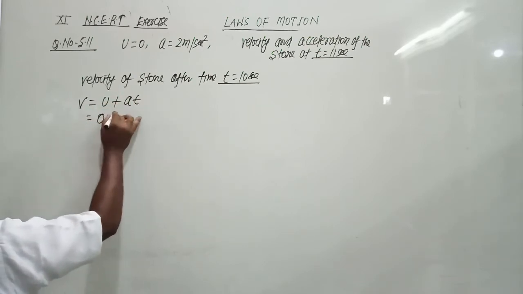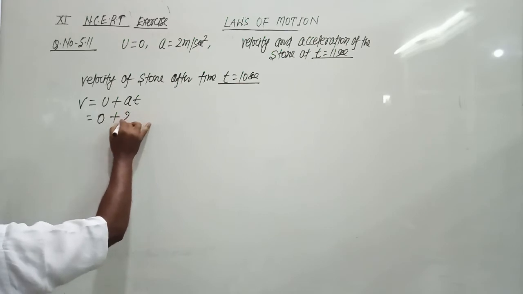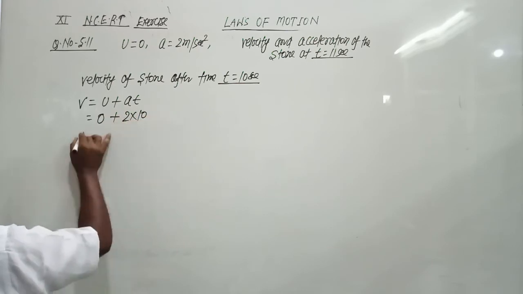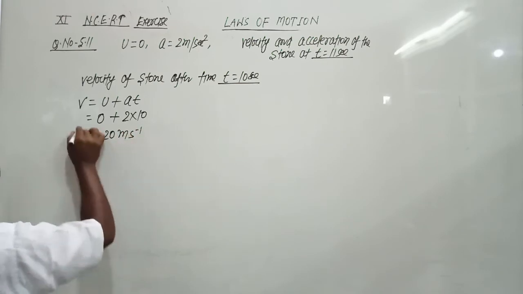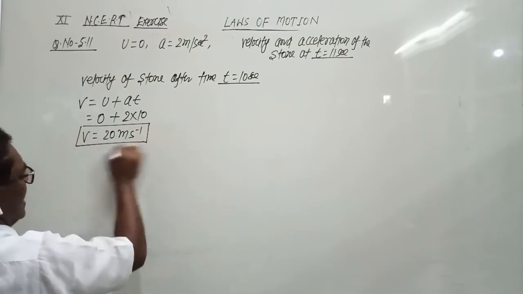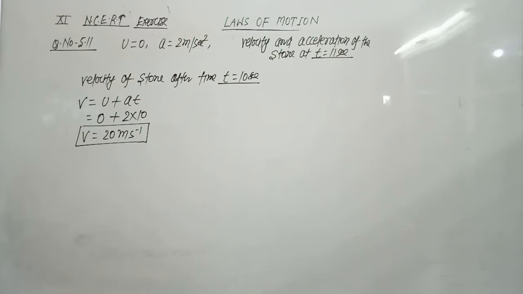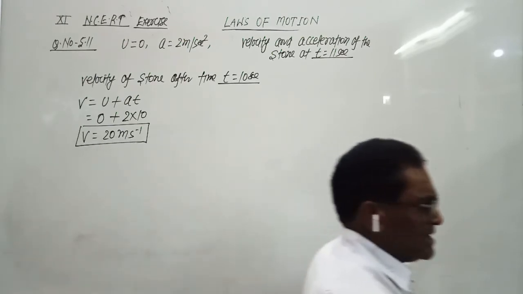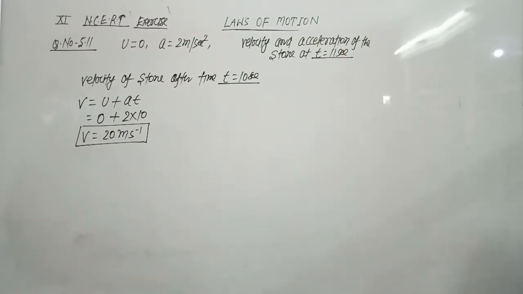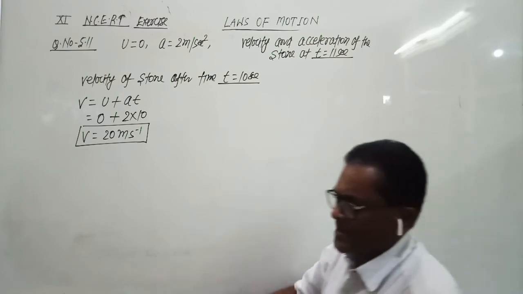Initial velocity u is 0, acceleration is 2, and time is 10 seconds. So velocity is 20 meter per second. So the velocity of the truck after 10 seconds is 20 meter per second. Now after falling from the truck, the stone's horizontal velocity, since the truck is in moving position, is 20 meter per second.